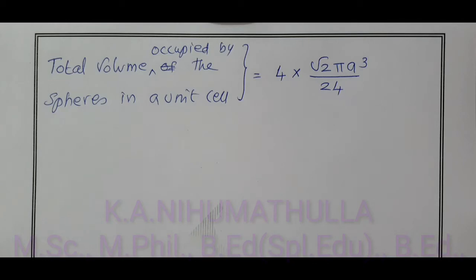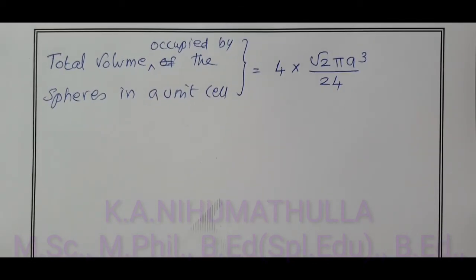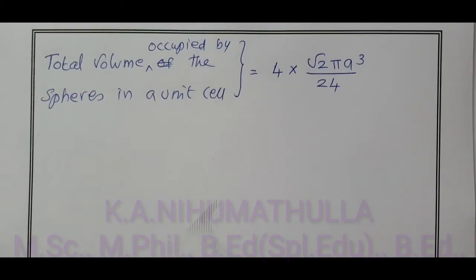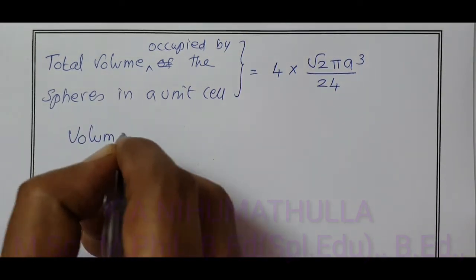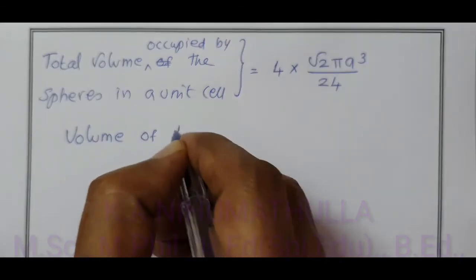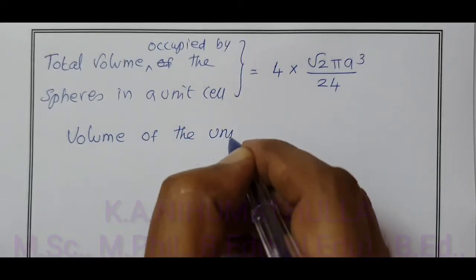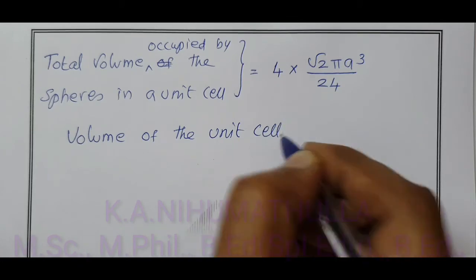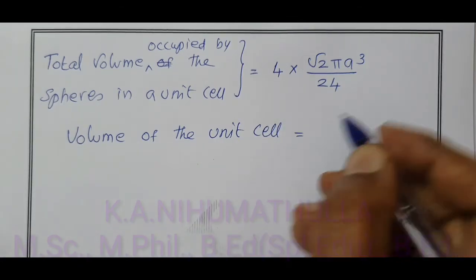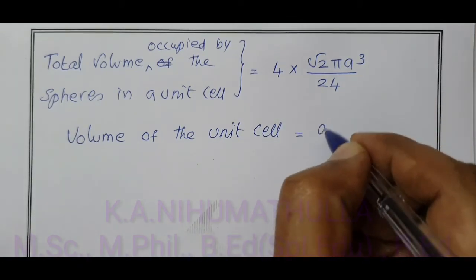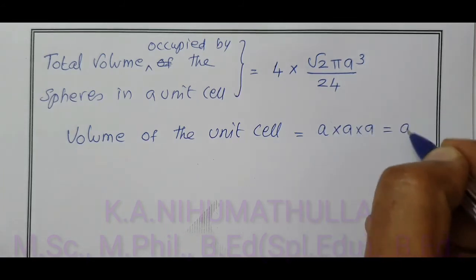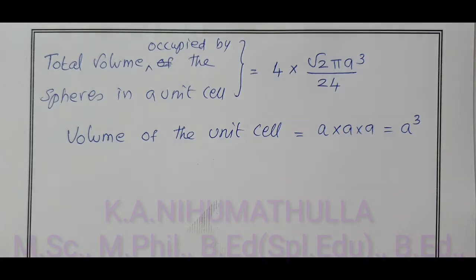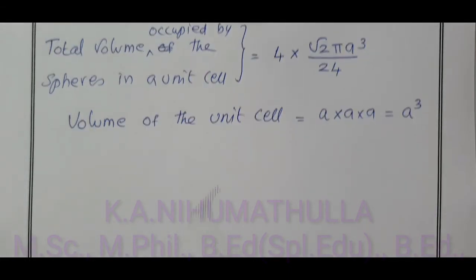This is our numerator quantity. Coming to the denominator quantity, in packing fraction it is the volume of the unit cell. In a cube all the edge lengths are equal, a into a into a, that is a cube. That is the volume of the unit cell.